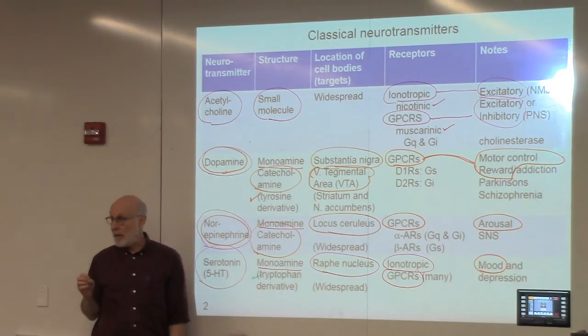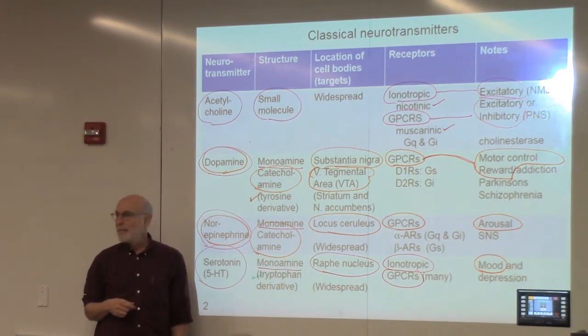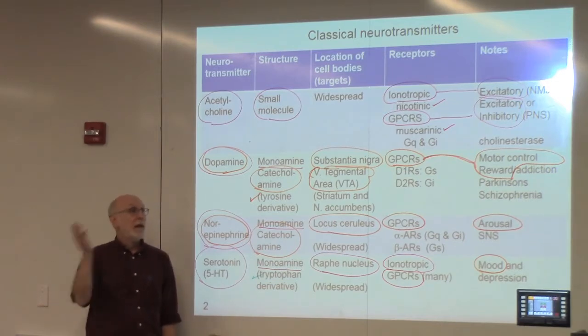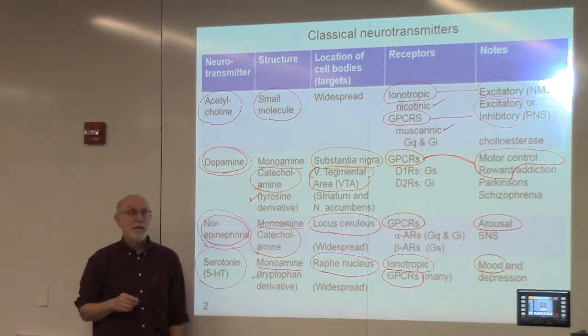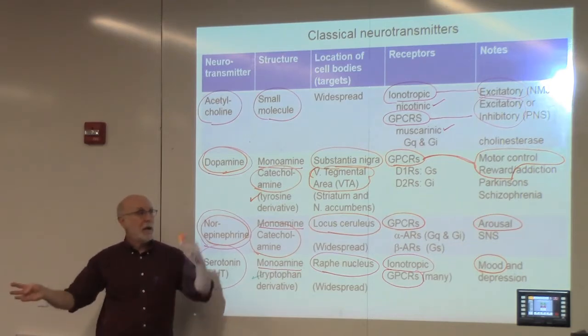Target it? Yeah, it has to put it somewhere, and then Charlie? It has to be released. It has to be released at the synapse. Right. So the chemical has to be packaged into presynaptic terminals and released into the synaptic cleft in response to some stimulus. So synthesis, packaging, release.